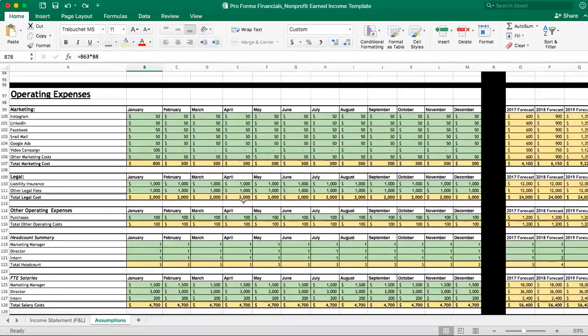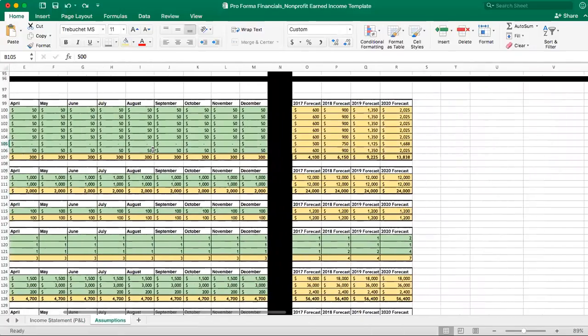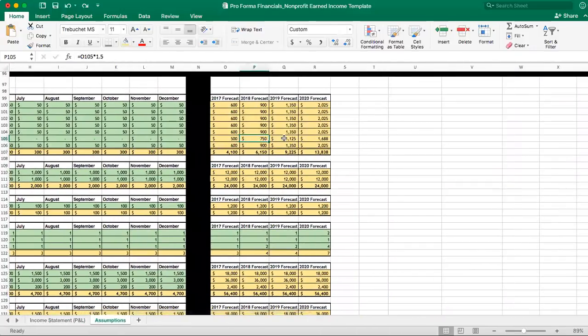So I'm not going to go into all of these in detail, but you will notice that I hard-coded these because I decided that we're going to spend $50 a month on Instagram marketing, $50 a month on LinkedIn, Facebook, snail mail, etc. I did say that we're going to have a one-time video campaign in January to kick off things, not spend any more on video campaigns, and then each year we'll have a one-time cost of $750, $1,100, and $1,700. And I just decided that we would spend 50% more each month on our video campaign budget.